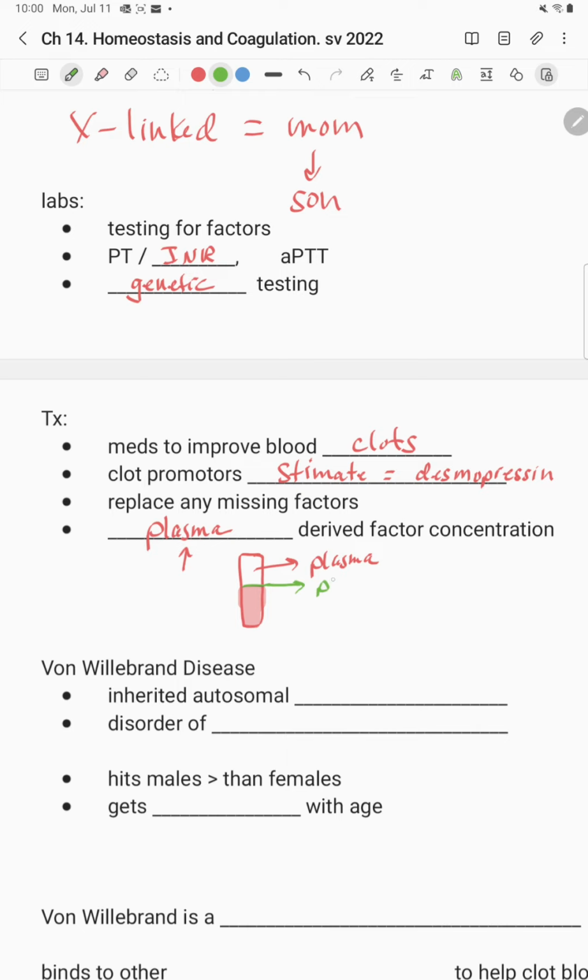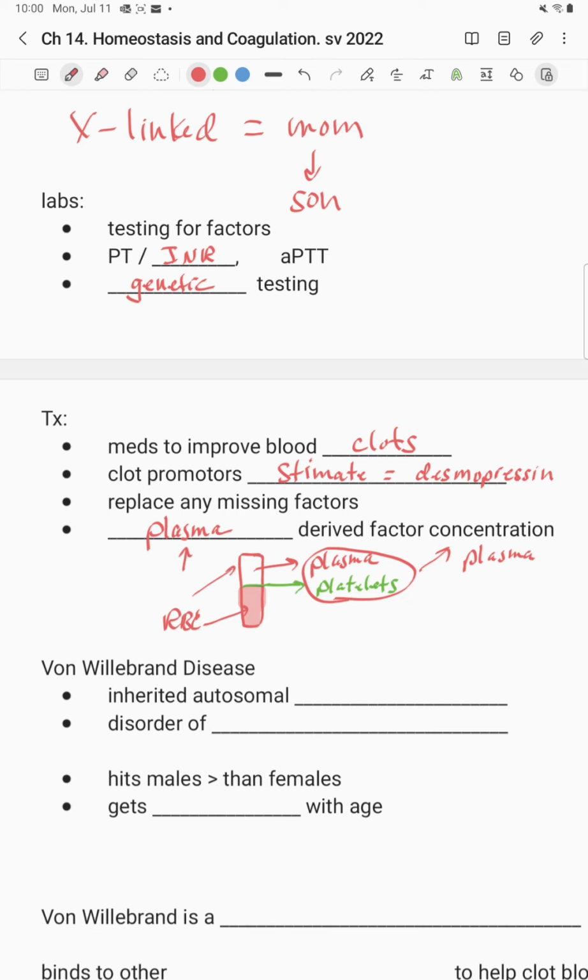Okay, and that's your platelets. So typically speaking, when they separate the red blood cells from the plasma, the platelets go with the plasma. So if you give someone plasma, you are giving them platelets.